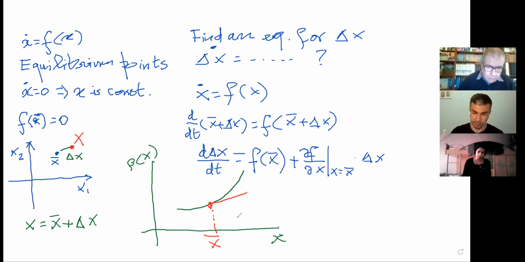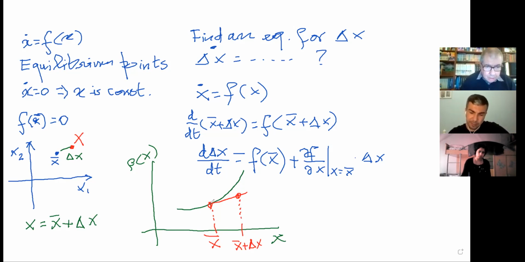Let's say at this point, x bar plus delta x. So if this is delta x, what do you have? The approximation is this point here. What is this point here?